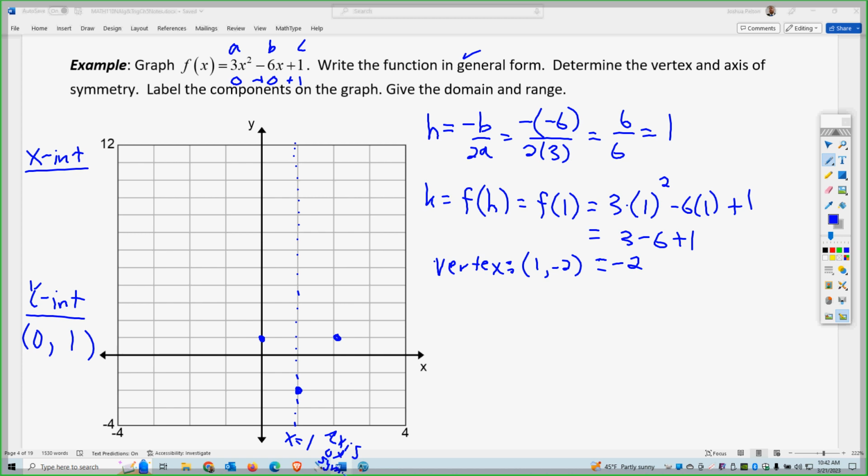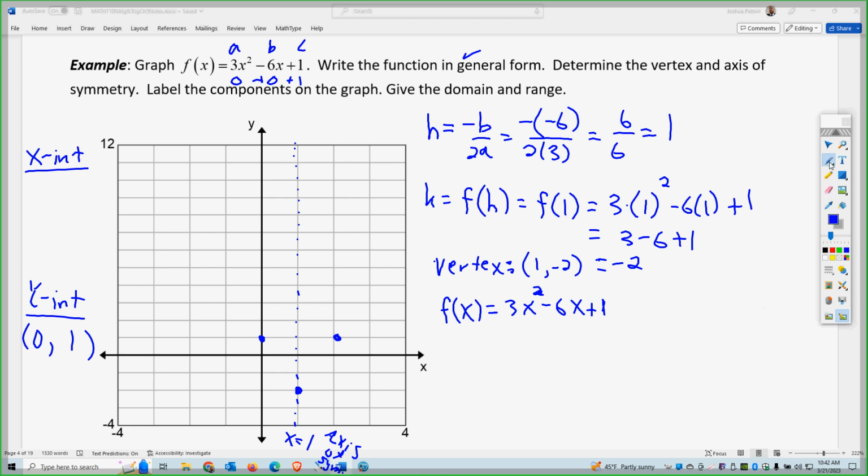So the question is, is this factorable? Okay, so let's write it down here and see if we can factor it. If not, we do the quadratic formula: 3x squared minus 6x plus 1. All right, well, 3 times 1 gives me 3, right? Which is 1 and 3, or -1, -3. Neither one of those give me -6. That means the quadratic formula, right?